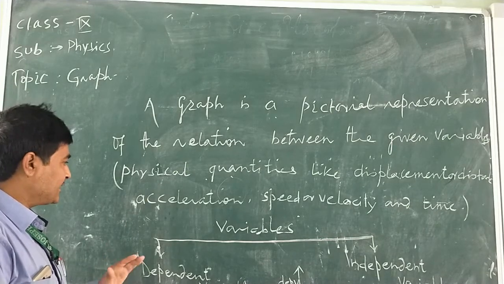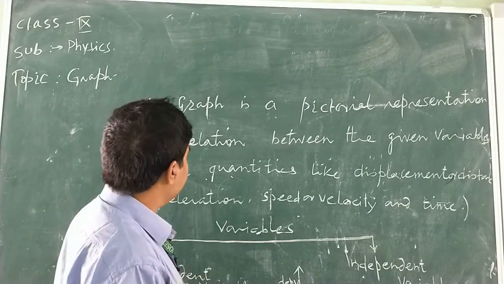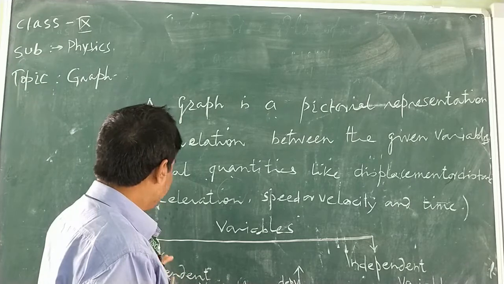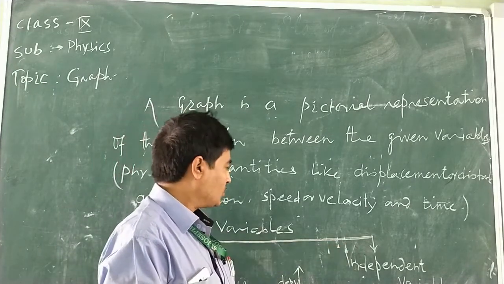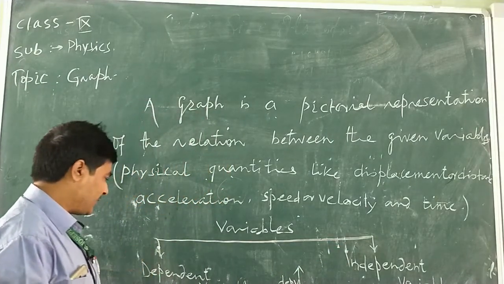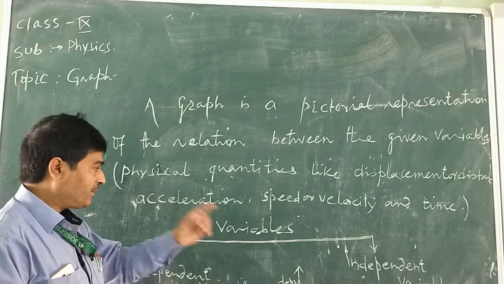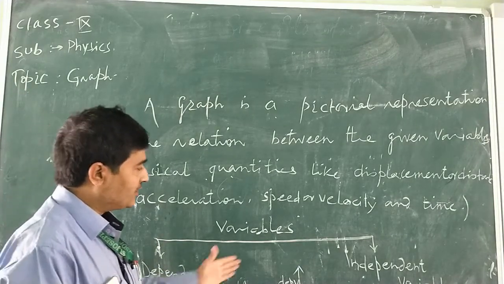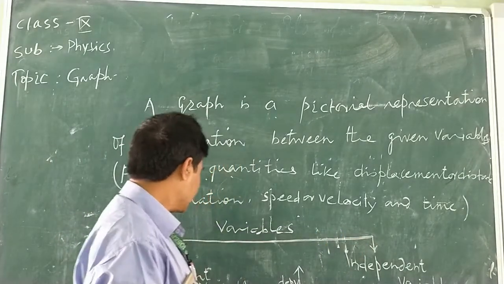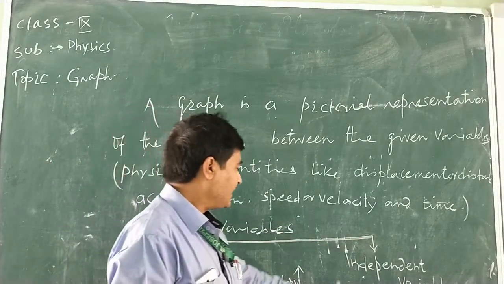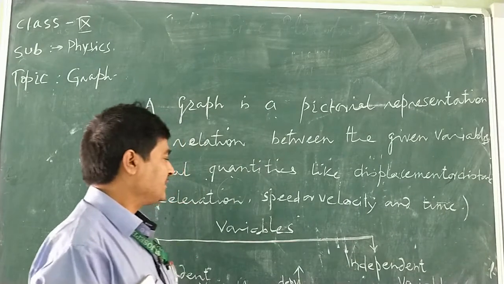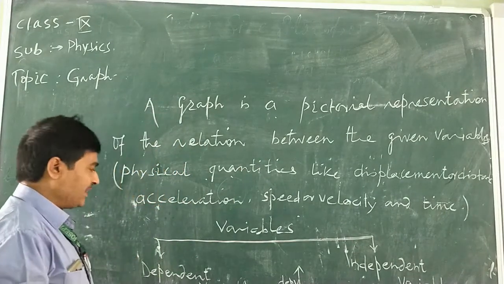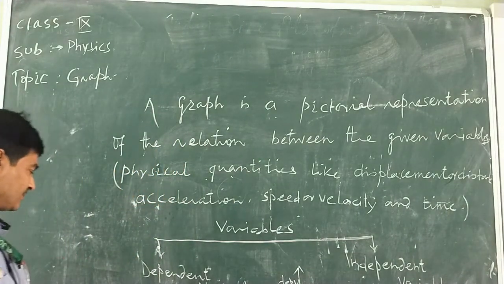The convention is the variables used here may be grouped into dependent variable and independent variable. The variable which depends on the other variable is called dependent variable, and the independent variable depends on the observer.